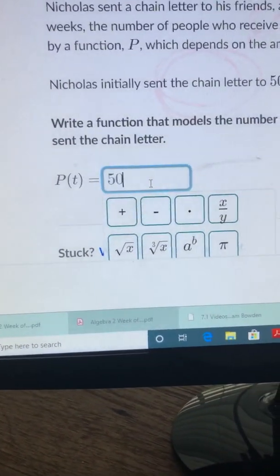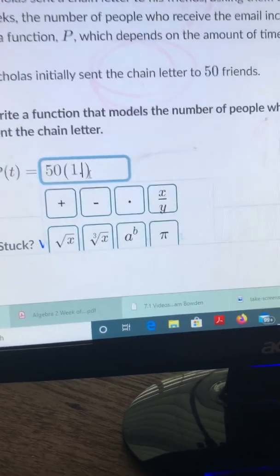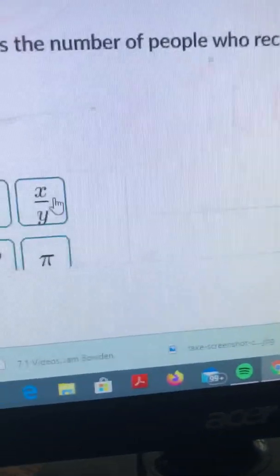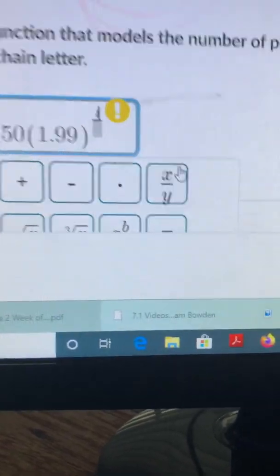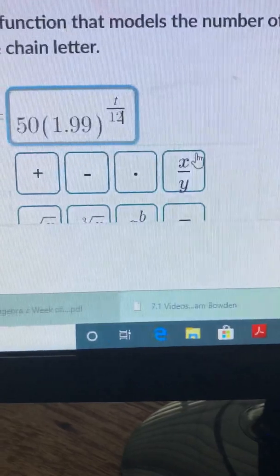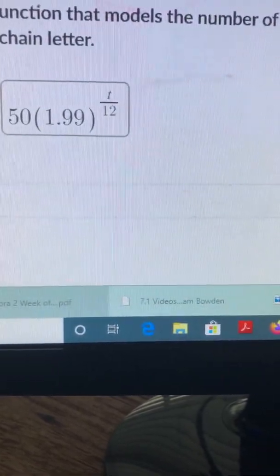Let's see if that makes it. 50 parentheses 1.99. Press that little exponent button, press that little fraction button, T on the top, 12 on the bottom. Check it. I'm a beast.